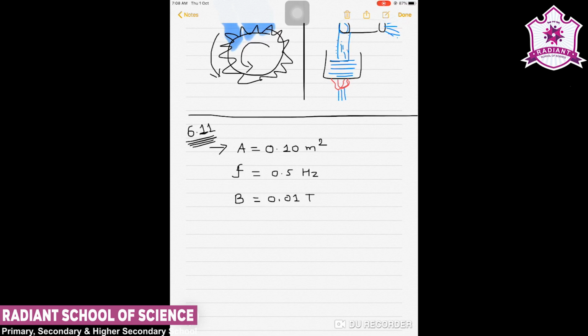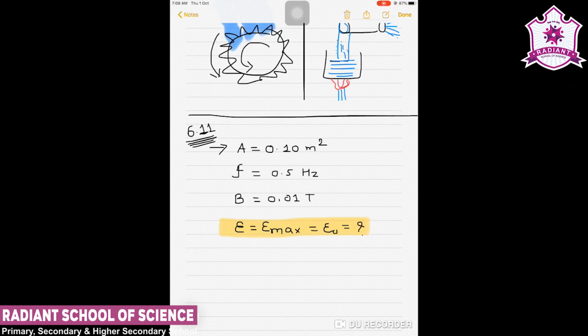Now, what is the maximum voltage generated in the coil? So here we are asked to find E maximum, that is named E0 in the textbook. We have to find the maximum voltage generated through the given condition.